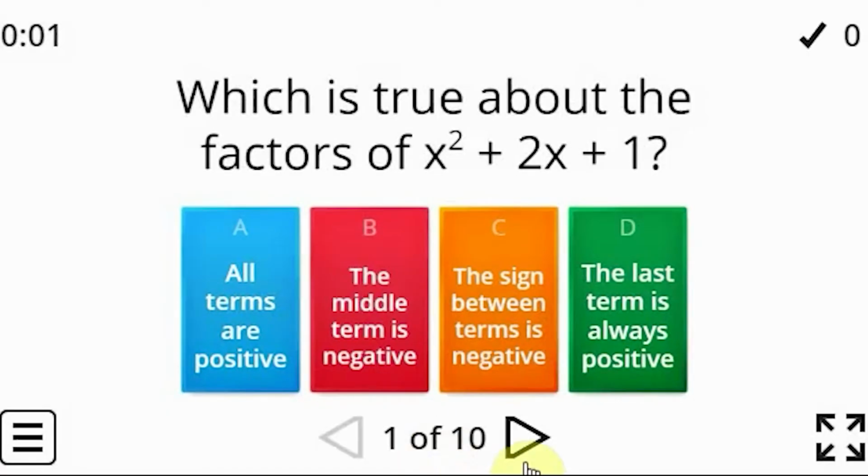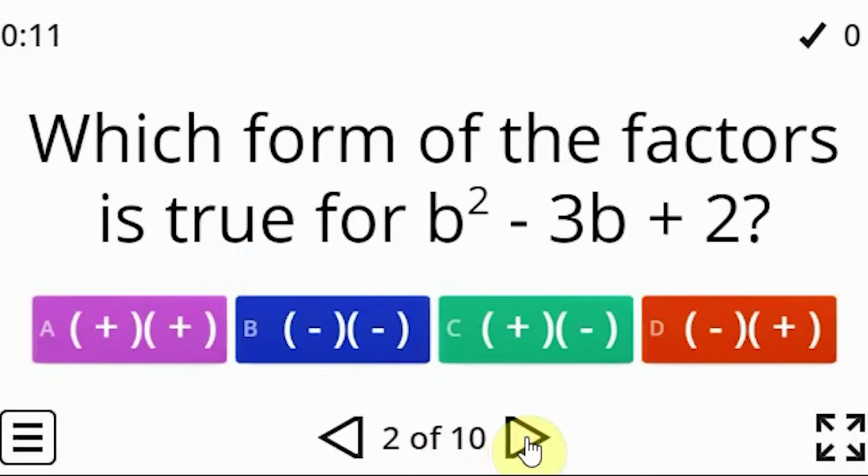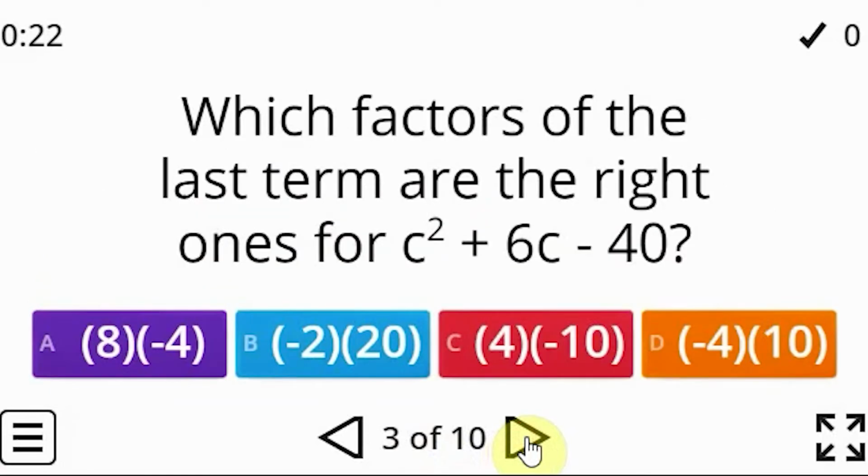Which is true about the factors of x squared plus 2x plus 1? Which form of the factors is true for b squared minus 3b plus 2? Which factors of the last term are the right ones for c squared plus 6c minus 40?